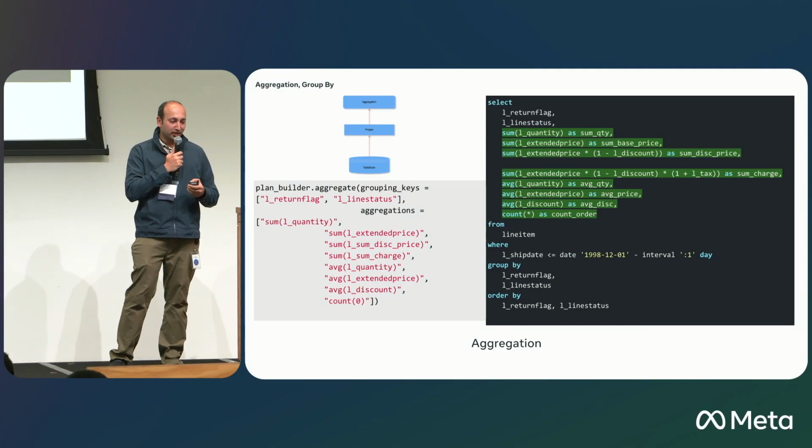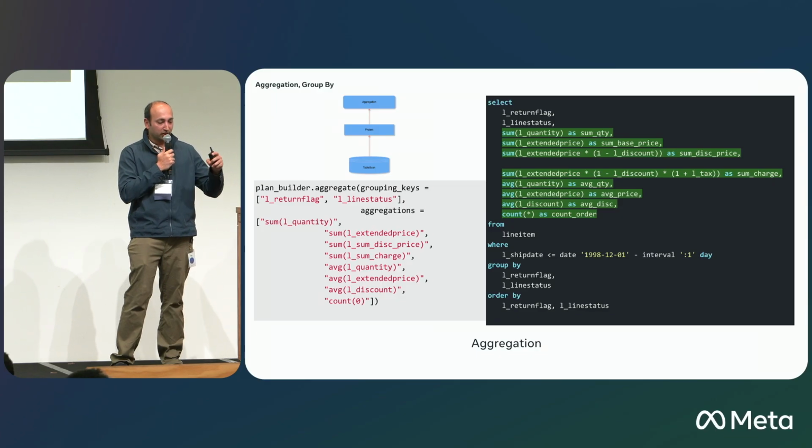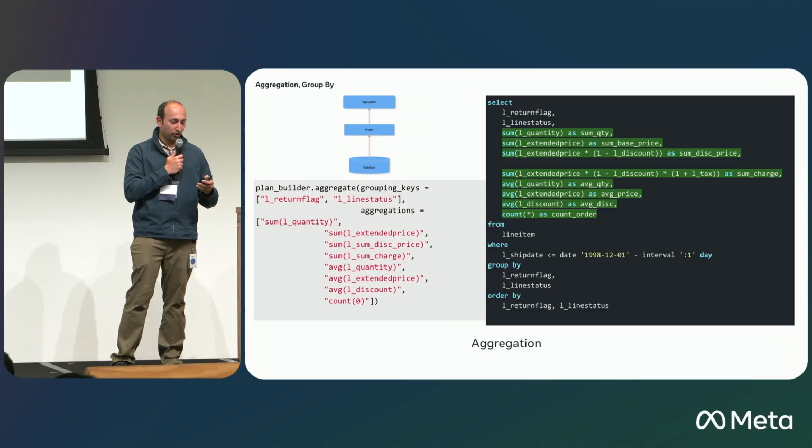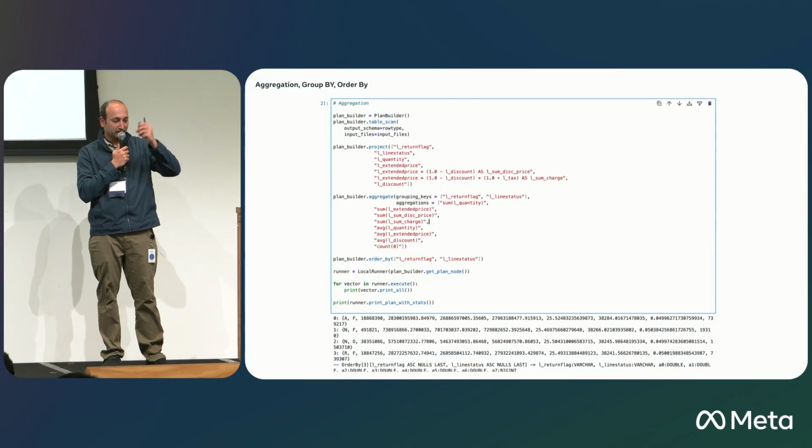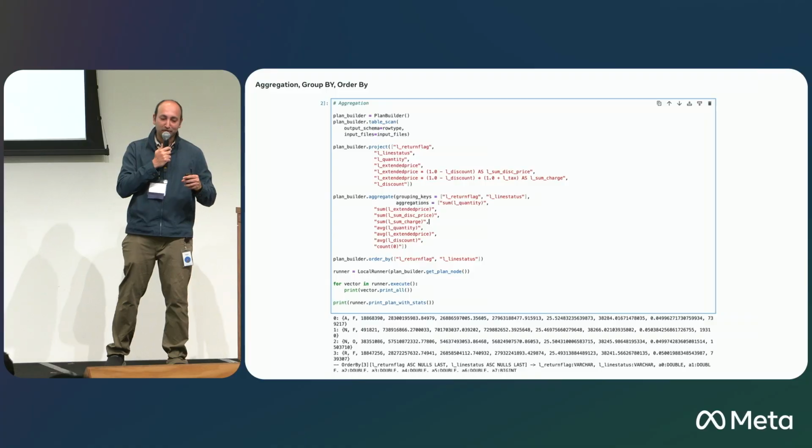All right. So the next thing we do is aggregation and group by. After you have done the projection, on the results of that you can call aggregate. You pass the grouping keys and also the aggregations on them. So in this case, the sums and the averages and the counts, right? It's pretty straightforward here. Okay, and the final plan, if you squint carefully enough, you can look at.